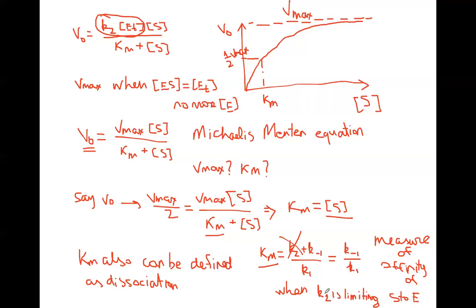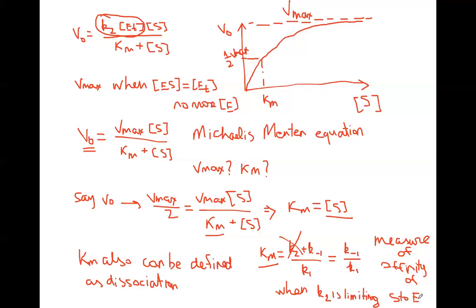And so in most cases, K2 will be much smaller than K-1 and K1. And so in this case, it's going to be a measure of affinity of substrate to the enzyme. If you have a Km in the nanomolar region, for example, then you can say that yes, my substrate binds to the enzyme very strongly. Does this make sense?